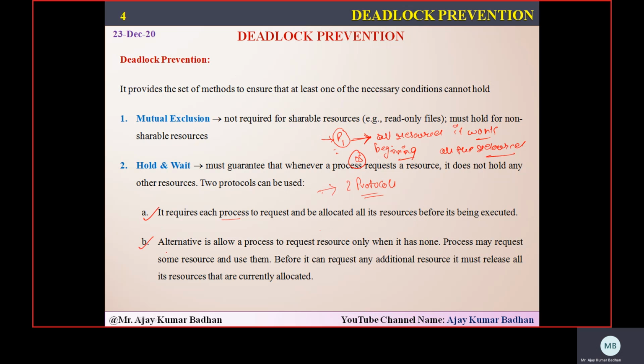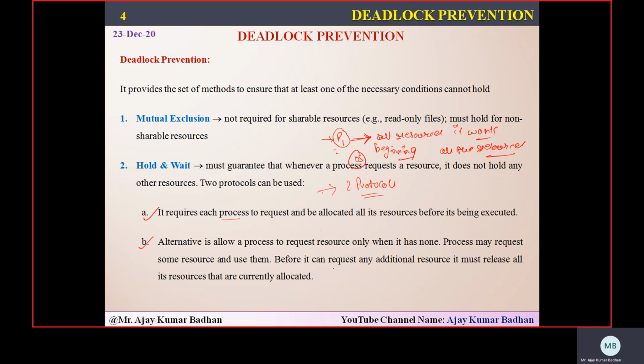What about the second protocol we have here? In this case, we change it a little bit. The process will request resources only when it has none. The process will request some resources in the beginning and start performing operations with them.